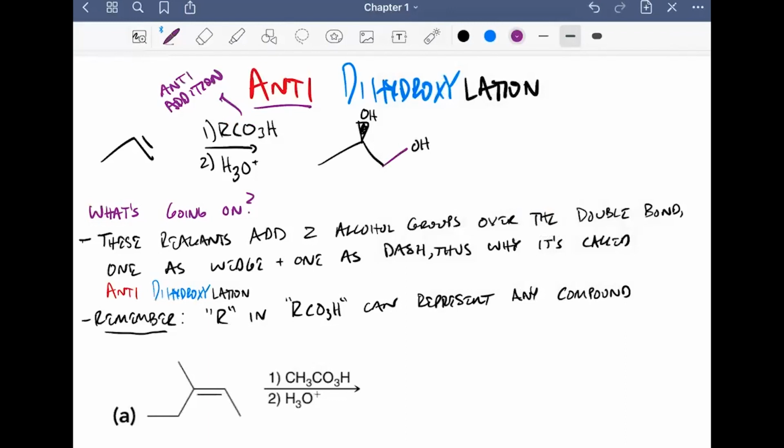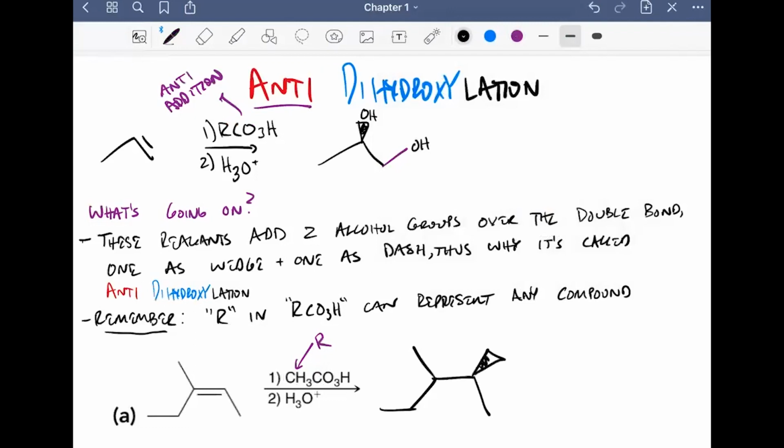And remember that R in RCO3H can represent any compound. So for my example right here, we put a methyl group in there. So don't get tripped up on a quiz or an exam when you see CO3H and there's something instead of R there. It means the same thing. You're just dealing with an actual compound instead of R. So what would we do for this question? Let me write out the same compound without that double bond. We would add those alcohols in anti-addition.